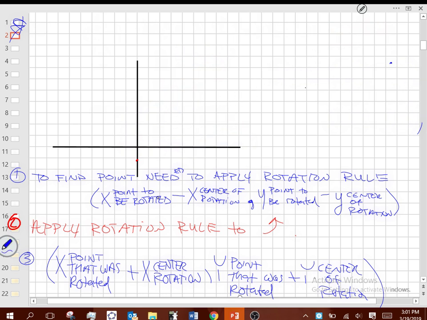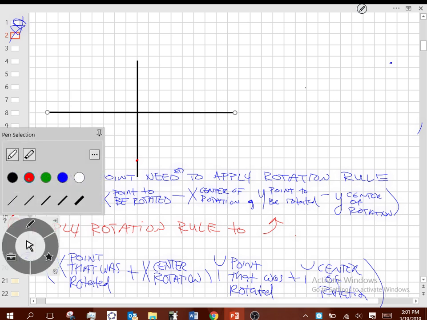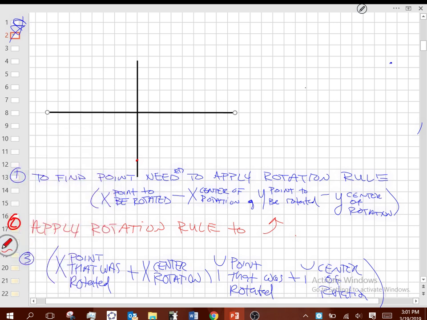Even though I've got this rule, guys, I think it's still beneficial to draw pictures, even if your pictures are not to scale. So give me an ordered pair. Okay, I heard 7, 3. So let's say A is at 7, 3. And the center of rotation is 3, 1.